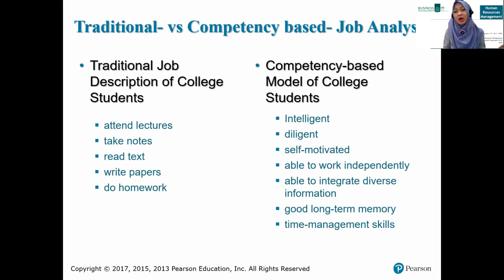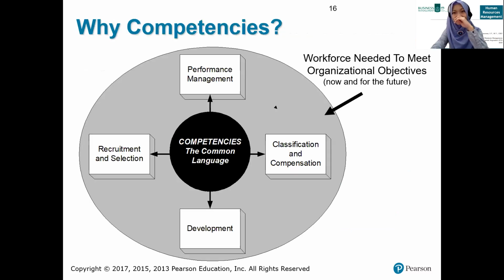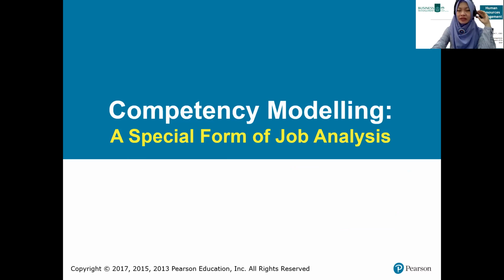You as a college student should stay self-motivated. Okay, so based on my explanation, you may come to the conclusion that competency modeling is a special form of job analysis.